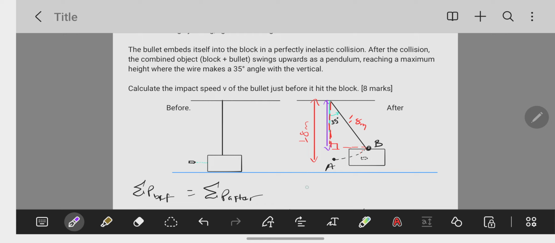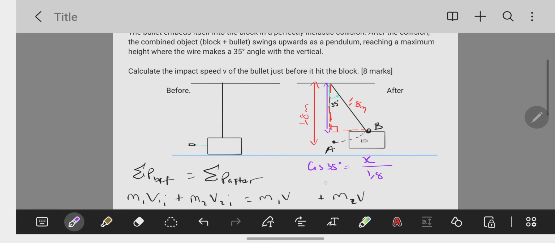So therefore I'll have cosine of 35 is equals to the adjacent side, I'll just call that x, over the hypotenuse, which is 1,8. Therefore x is equals to 1,8 cosine 35. So that is 1,8 cos 35.